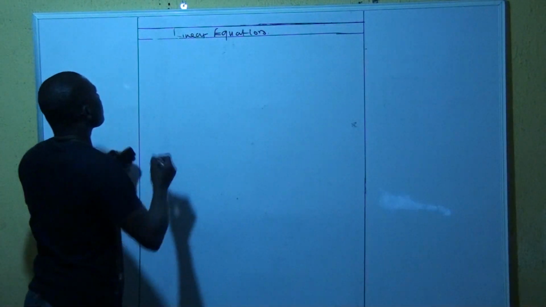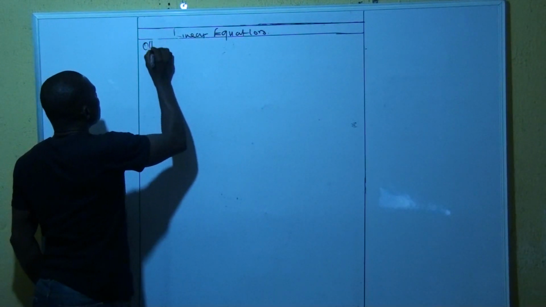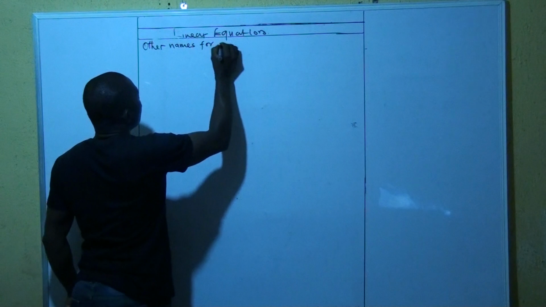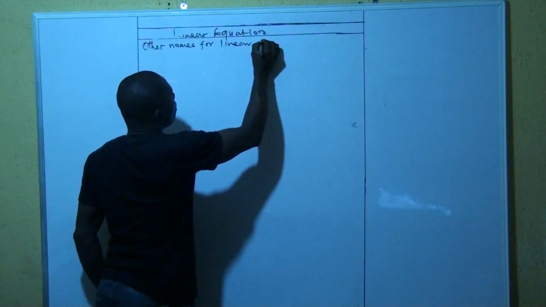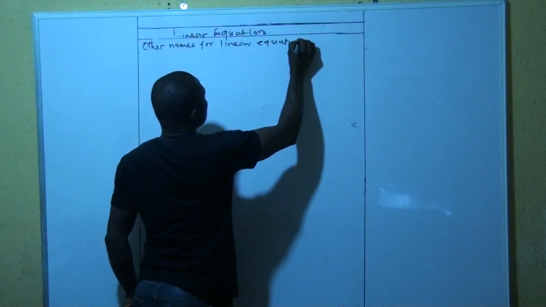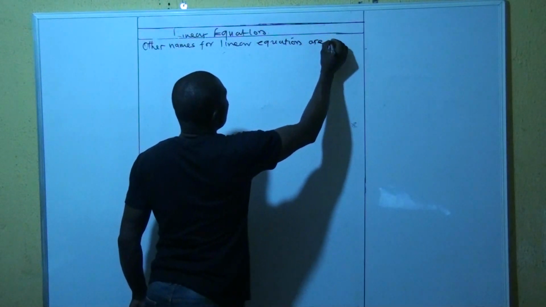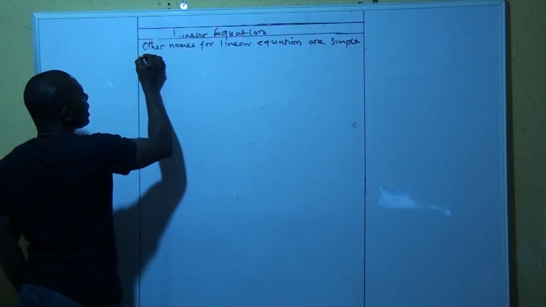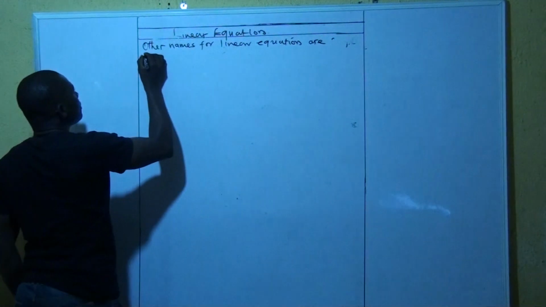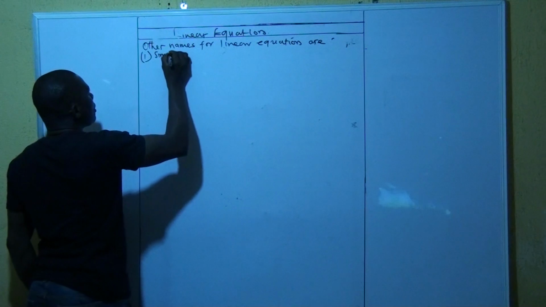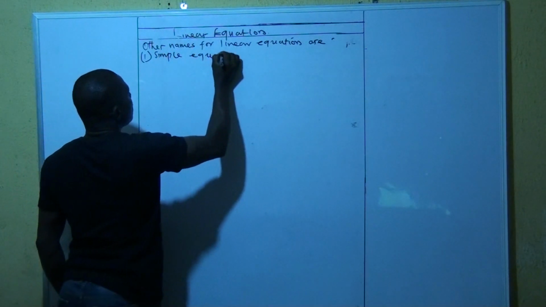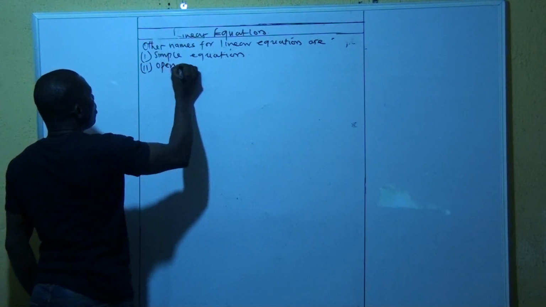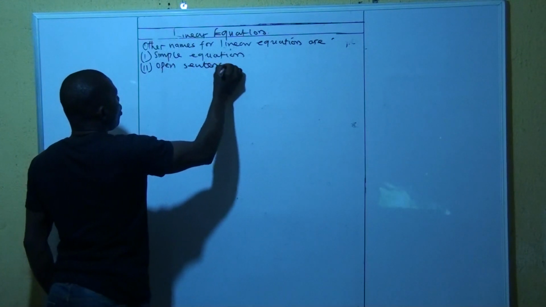Other names for linear equation: simple equation, or sometimes we also call it open sentence.